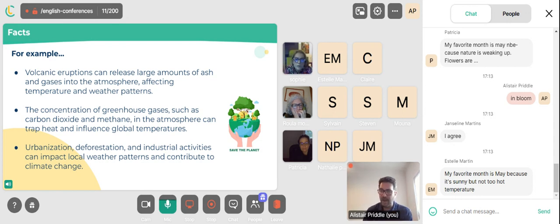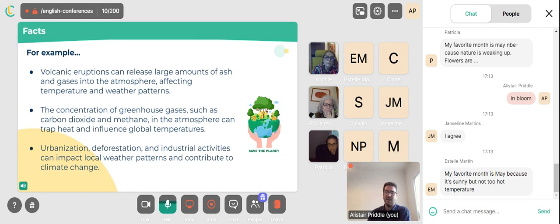And our third fact, urbanization, deforestation, and industrial activities can impact local weather patterns and contribute to climate change. Okay, so let's have a listen to those example facts. Again, volcanic eruptions can release large amounts of ash and gases into the atmosphere, affecting temperature and weather patterns.